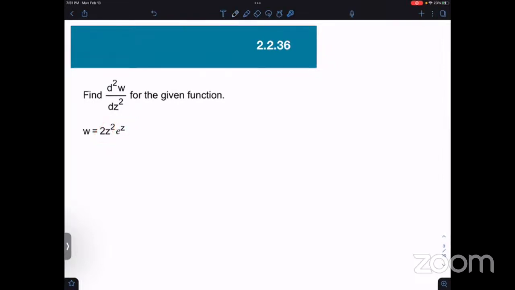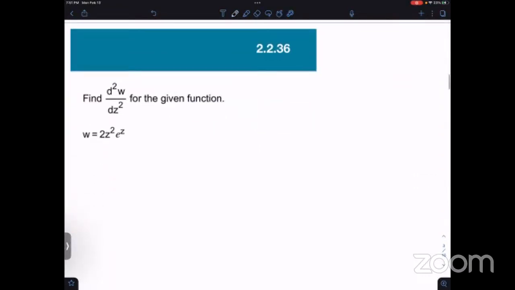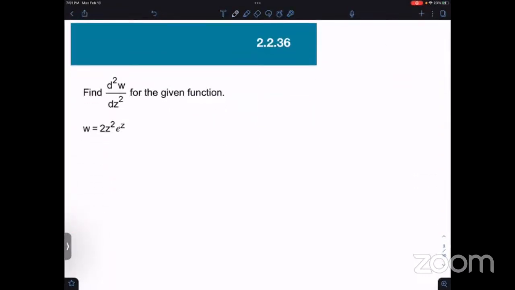The product rule: the first times the derivative of the second plus the second times the derivative of the first.